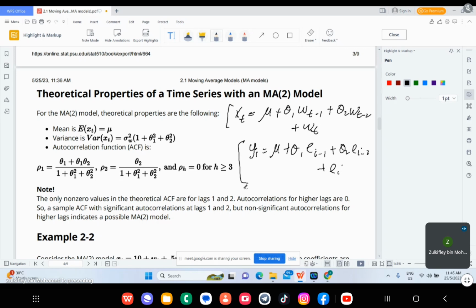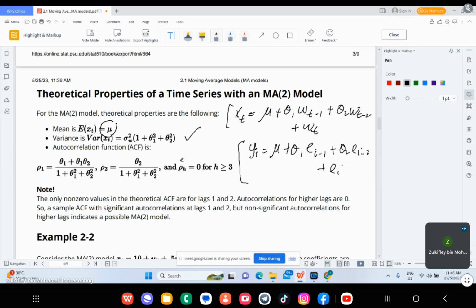So, given that untuk MA2, then the mean for Yt is equal to mu and variance is equal to sigma square times 1 plus theta 1 square plus theta 2 square. Ini saya dah buktikan tadi. Now, for MA2, your rho 3 is equal to 0.